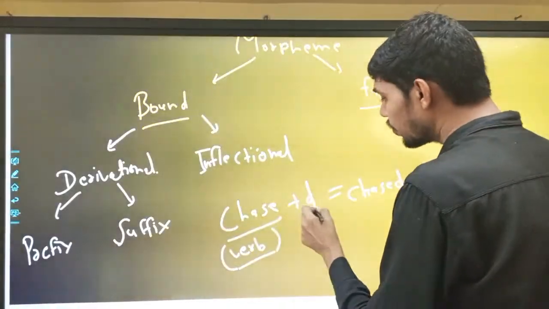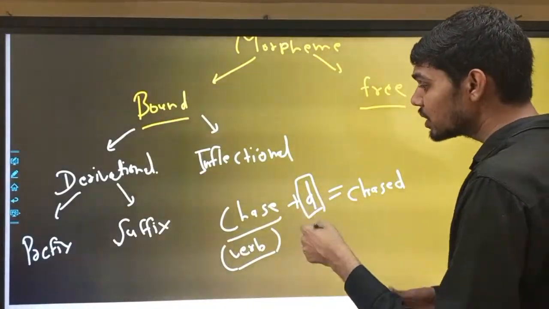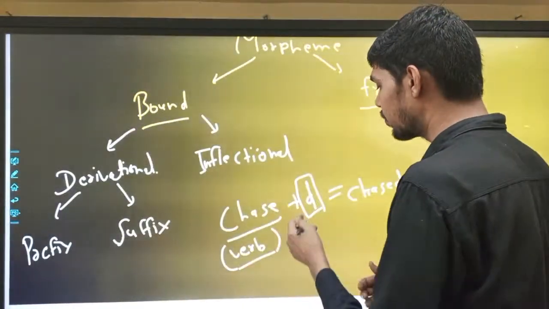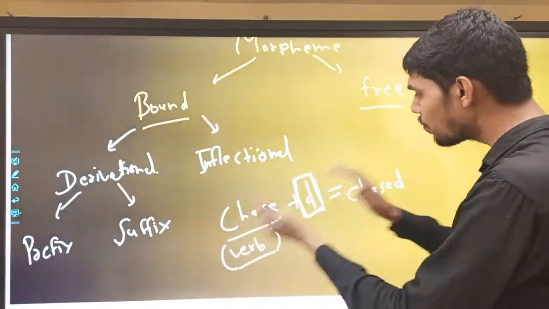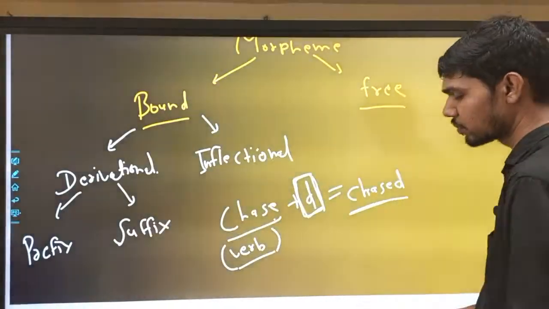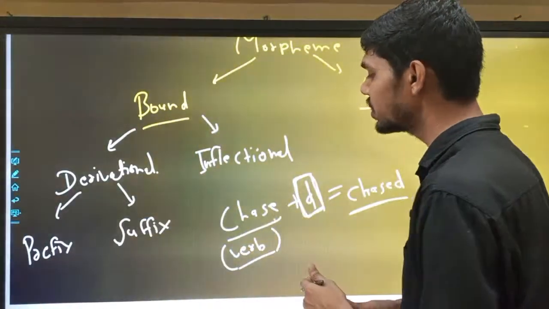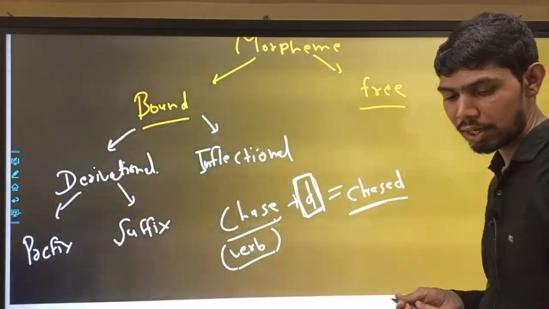By adding d, the meaning does not change. It is just modifying it, from present to past. So an inflectional morpheme just modifies the word. It cannot change the meaning.